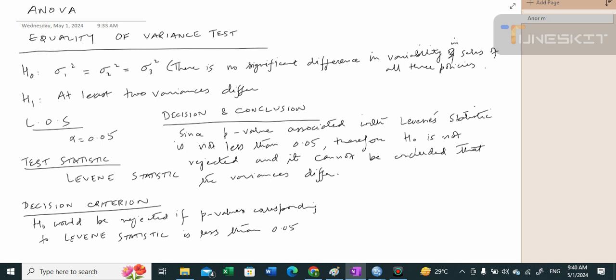Now we need to go for equality of mean testing. That's the purpose of ANOVA: equality of more than two means.